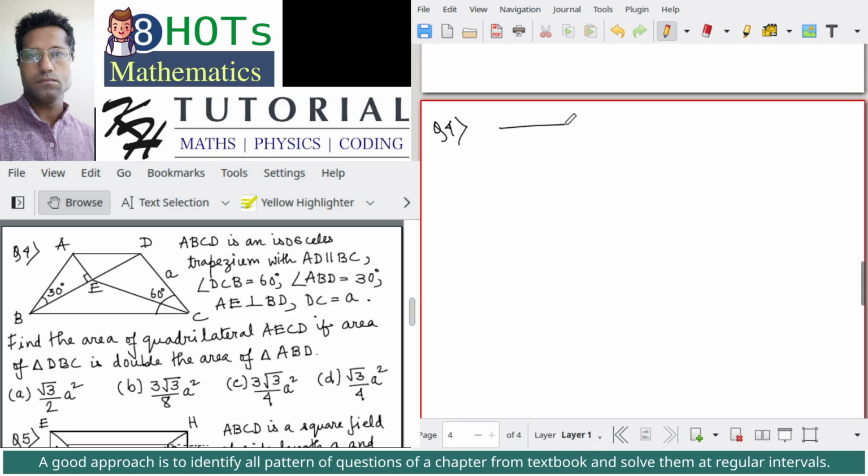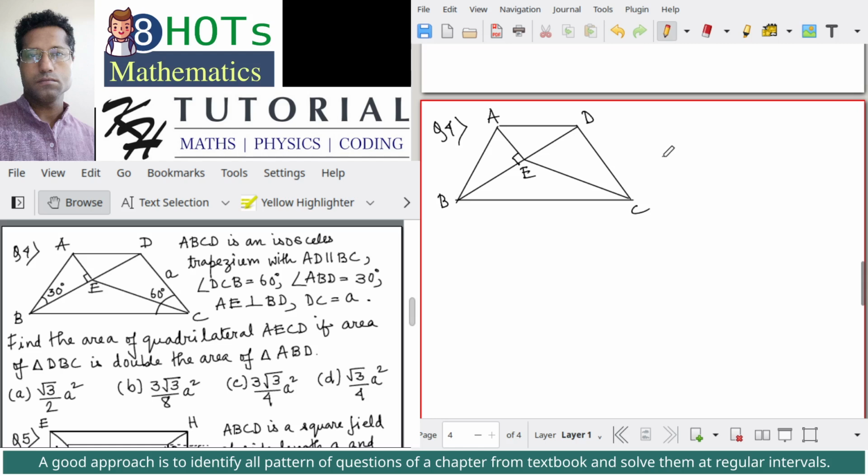Let me draw the figure. We have an isosceles trapezium. This is BD. So this is A, B, C, D. Okay. So AE is perpendicular to BD, and EC is joined.